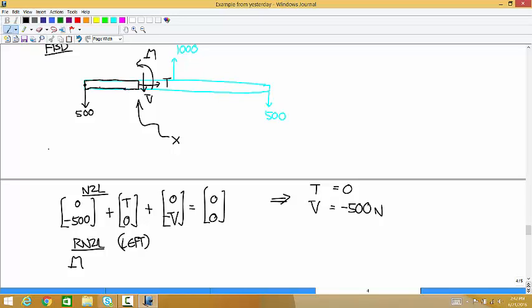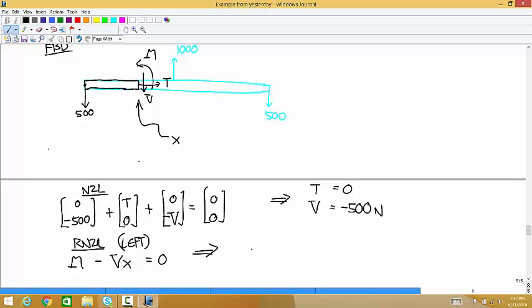It'd be negative. So this time, instead of having a moment arm of 0.25, since this is an arbitrary length of x, the moment is minus Vx, and that's equal to 0. And so M is equal to Vx, and V is negative 500, so M is equal to negative 500x.